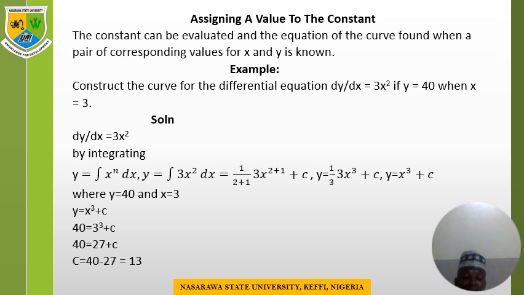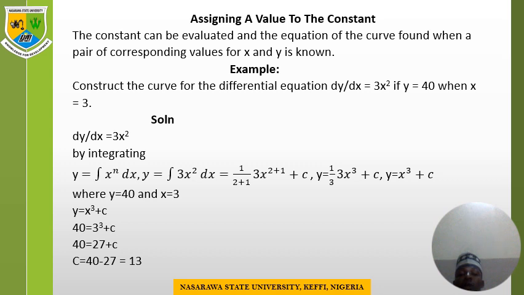By integrating this differential value, you can see 1 over 2 plus 1 times 3x raised to power 2 plus 1, plus c, which is our constant value, is equal to y. This gives 1 over 3 times 3x raised to power 3 plus c, and y is equal to x raised to power 3 plus c.